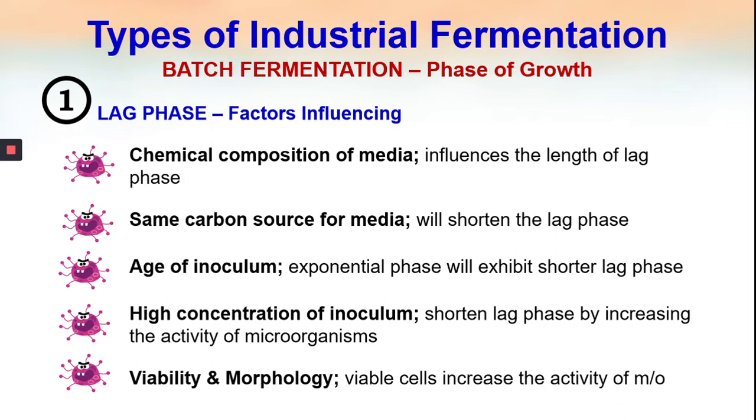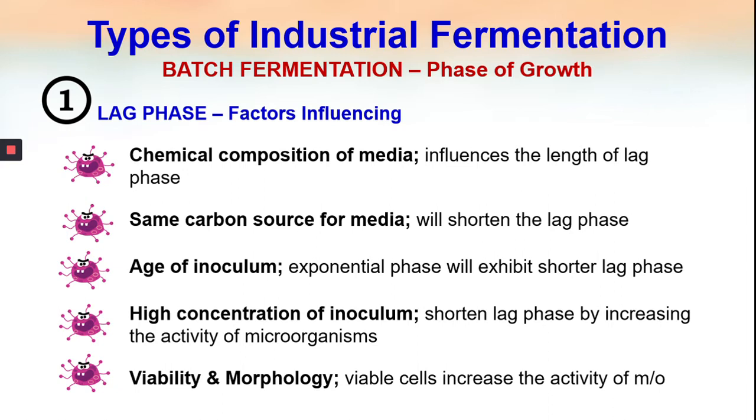This is because if you are using a different chemical composition as well as a different carbon source, the microorganism will take a longer time to adjust themselves to the new environment, such as new nutrients available, new temperature, new humidity, as well as new moisture.